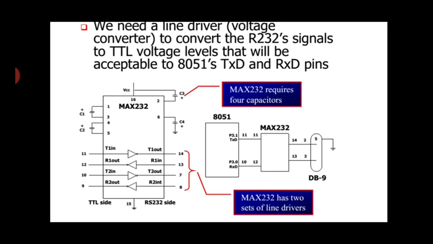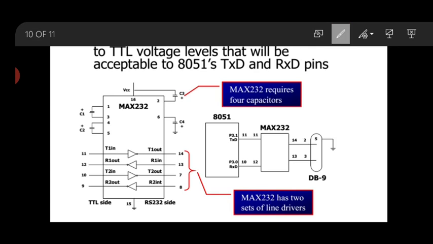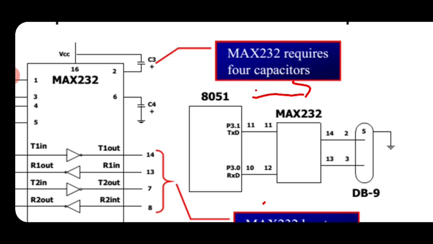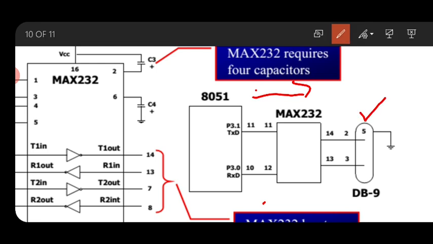I hope you can see here. This is a connection, connected with 3.1 transmit, and MAX 232 is an intermediate driver required between the microcontroller and your DB9, the 9-pin RS-232 connector. How will it transmit? You can't connect directly.